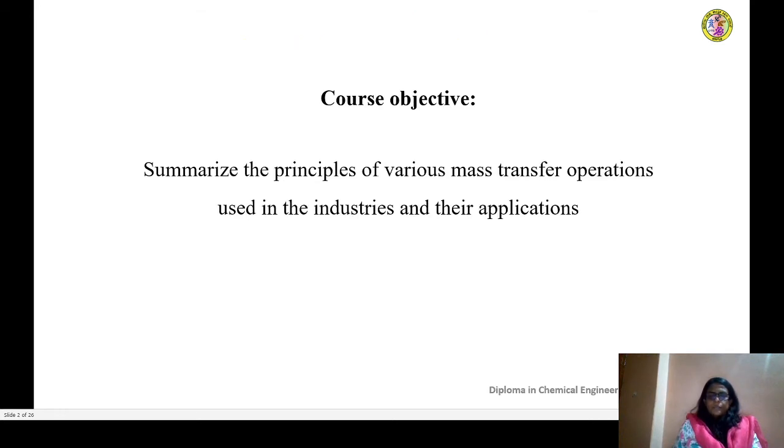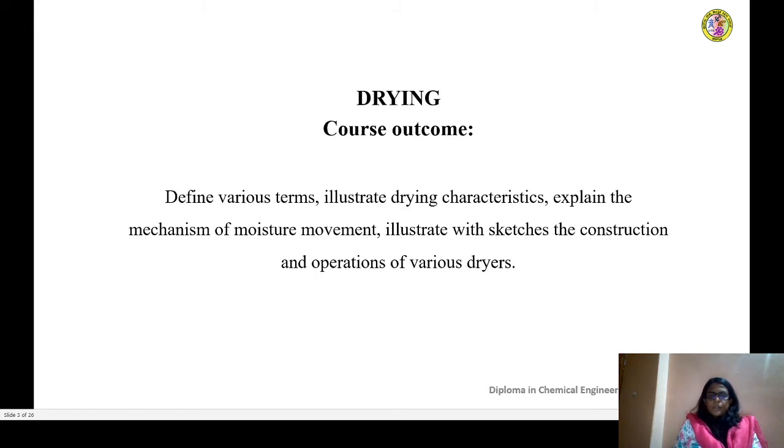Okay, this is a course objective. So coming to the course outcome of drying operation, a student after finishing this particular unit will be able to define various terms that are related to drying operation, then illustrate drying characteristics of a solid, then explain the mechanism of moisture movement within the solid, and also illustrate with sketches the construction and operation of various types of dryers that are used in industries.